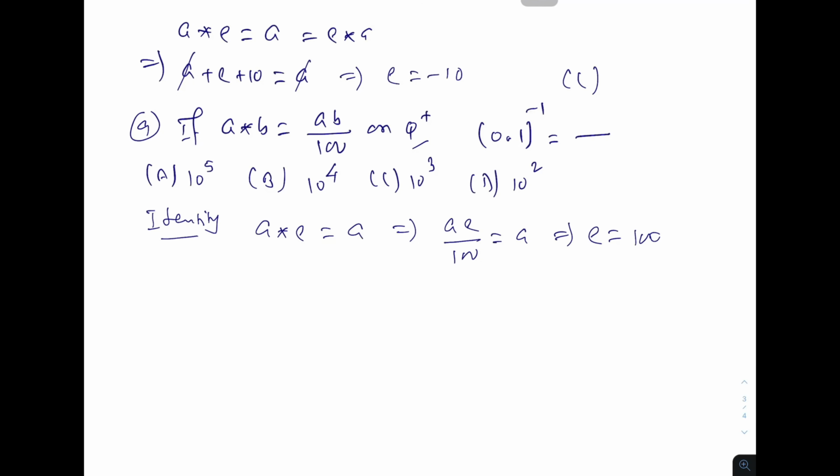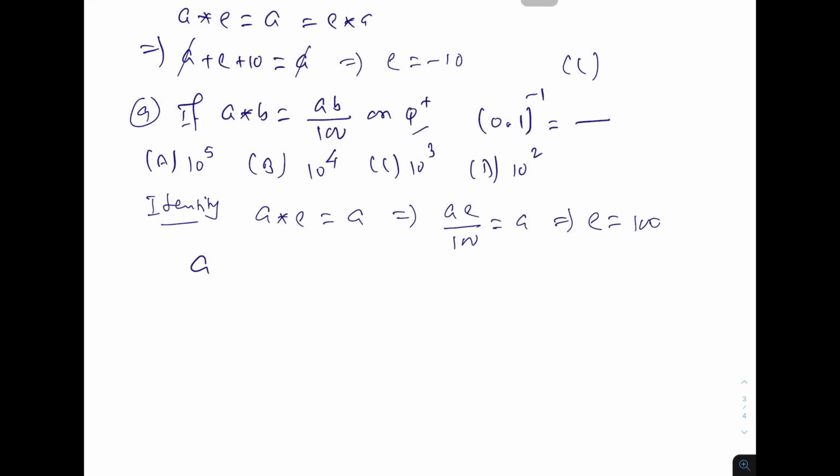Then inverse. So suppose B is the inverse of A, then A star B equal to E. So that means A star B equal to 100. So this would imply, now what is A star B?